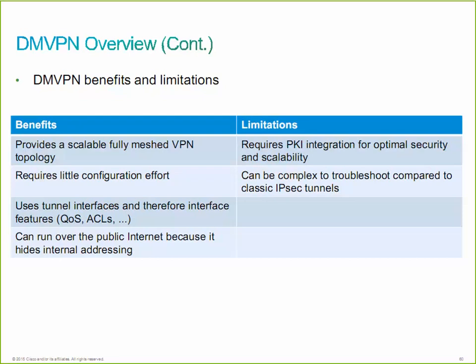We use GRE tunnel interfaces, so we can use the advanced features like dynamic routing protocols, quality of service, security features, access control lists, etc. It can run over the internet, even if it doesn't support customer routing information, because the tunneling hides all of that internal addressing and so on. These are all wonderful benefits of DMVPN. Technically, really, they're benefits of GRE, right? But because DMVPN utilizes GRE as a fundamental principle, it's incorporated as part of a benefit for DMVPN.